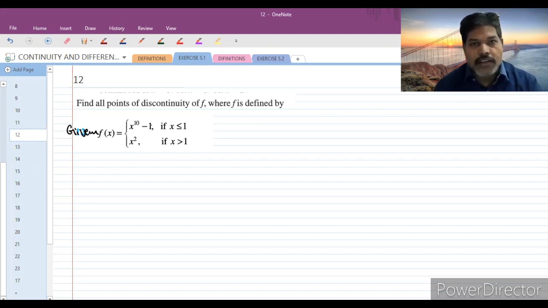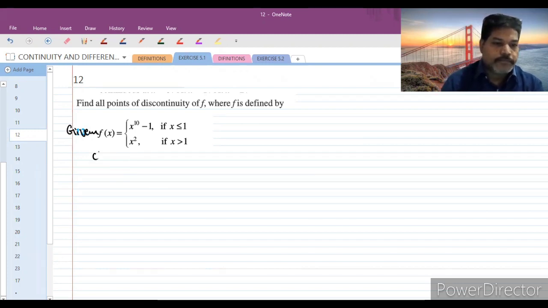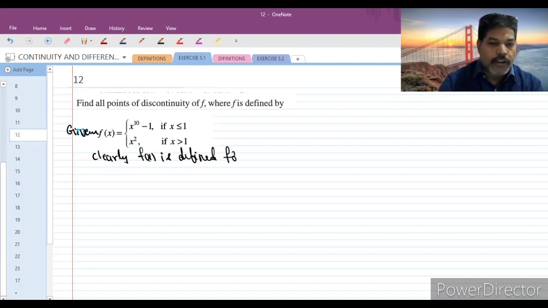So clearly the function is defined for all real numbers, so we can write that clearly f of x is defined for all real numbers.